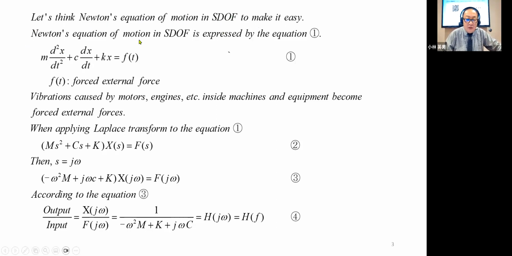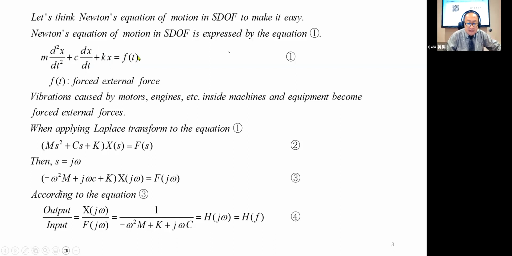Newton's equation of motion in SDOF is expressed by equation 1. This is about mass motion. This is about damping. This is about stiffness.